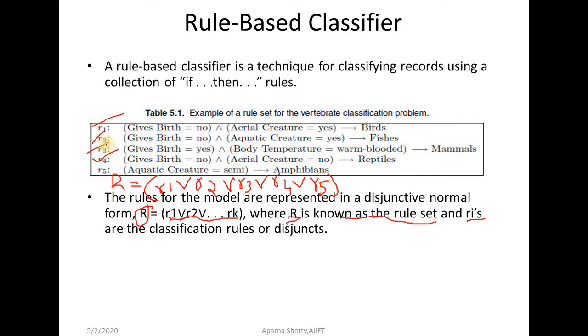So the rule set R is a disjunction of each of the rules.